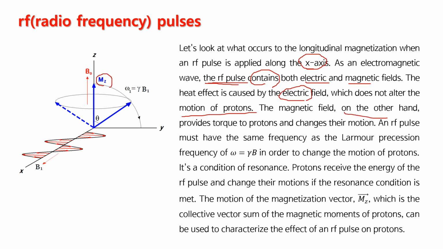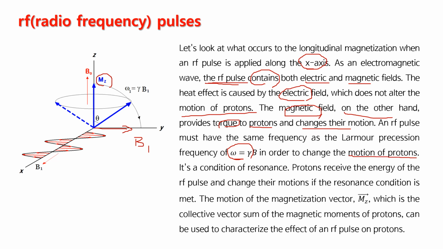On the other hand, the magnetic field, which is in the y direction, B1, provides torque to the protons and changes their motion. An RF pulse must have the same frequency as the Larmor precession frequency, omega equals gamma B, in order to change the motion of the protons.